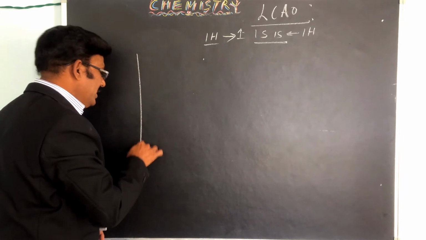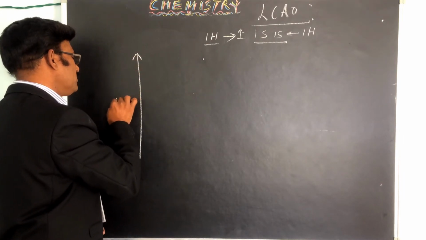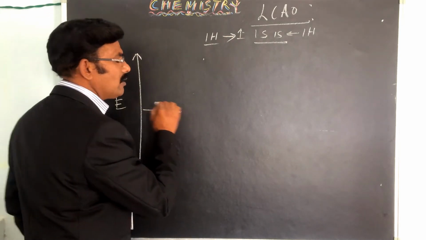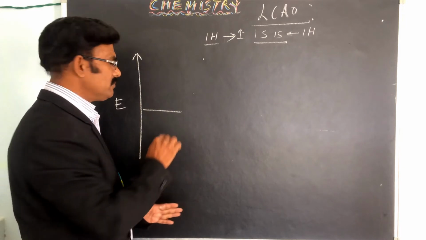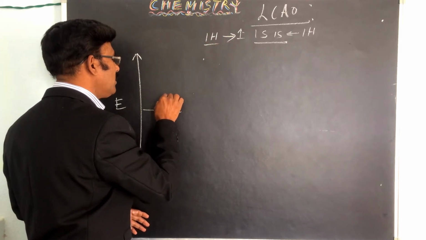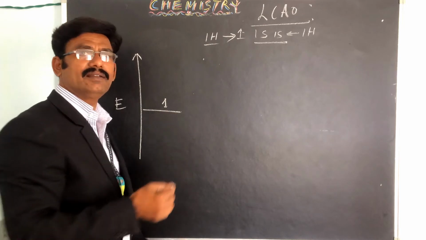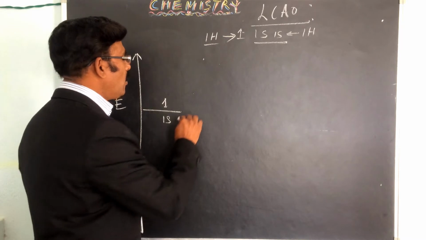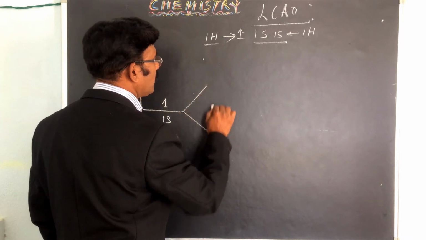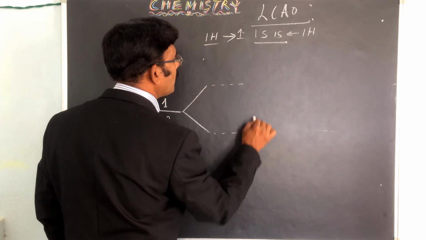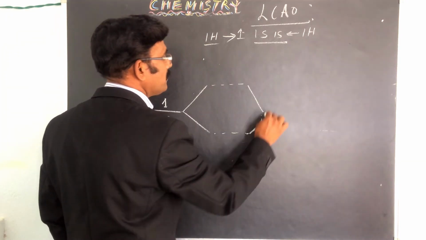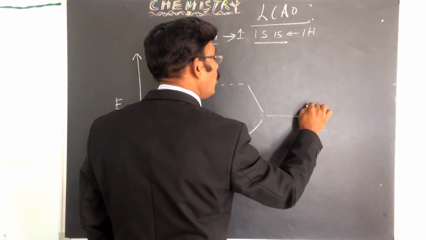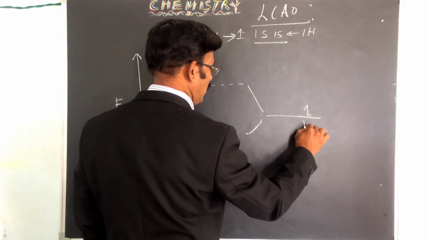Here, this is the energy level diagram. Energy, okay. This is the 1s electron. This one is the 1s electron. Only one electron is there, that is 1s. Okay. Now, this is one more. Here, one electron means 1s.